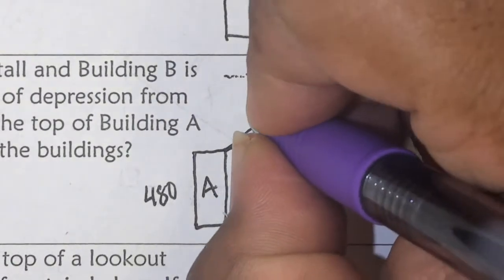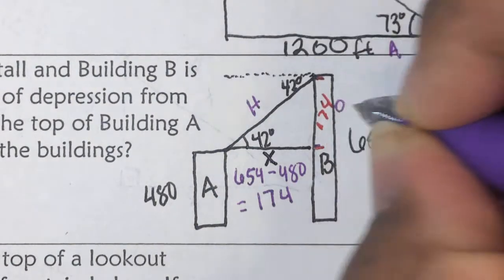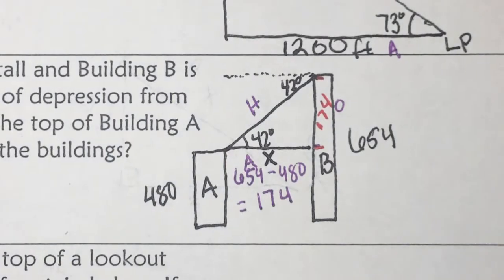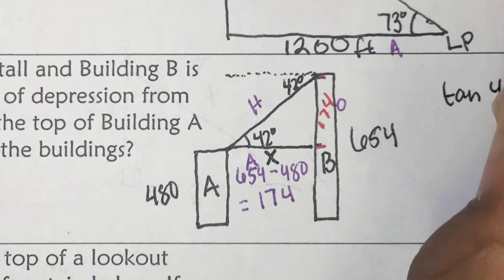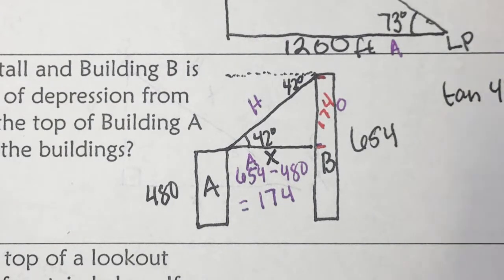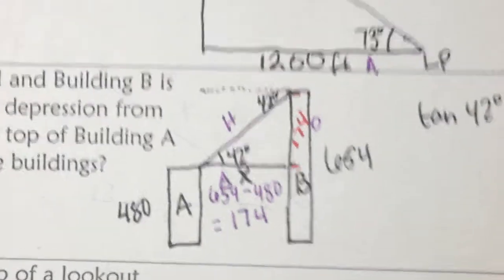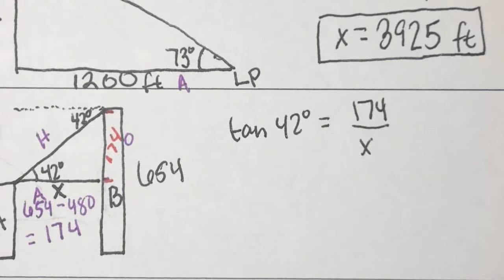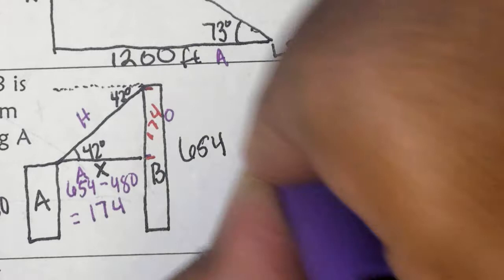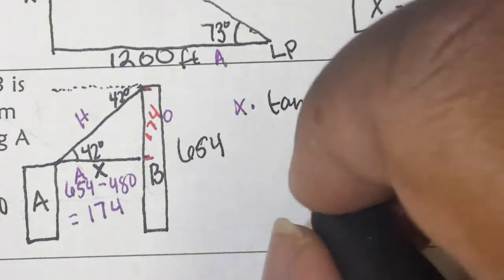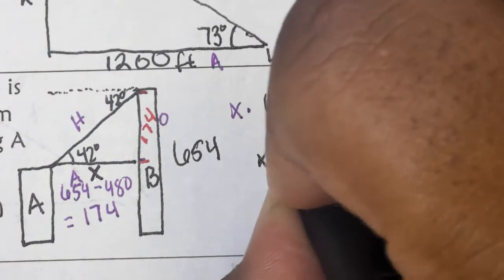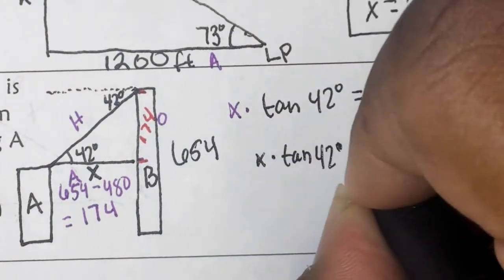Then we're labeling, SOH CAH TOA. It's tangent again. Tangent of 42 degrees is 174 over X. And then you're going to do 2 to get rid of X. Not 174, X. I thought you said when the number's on top, you have to get rid of, oh yeah, X. My bad.